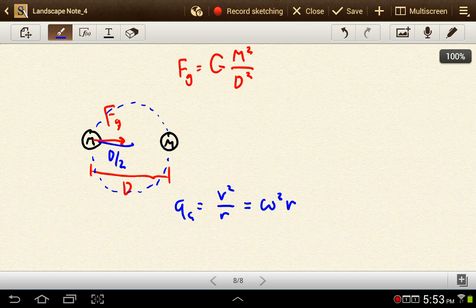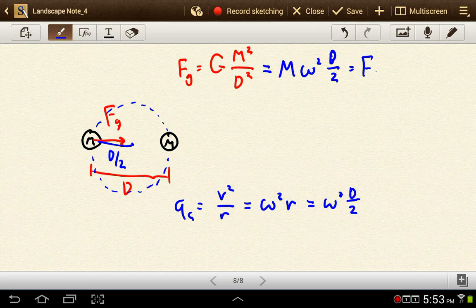In this case, that's omega squared times d over 2. So the centripetal force is the mass of the star that's orbiting in a circle, times omega squared times the radius of the circle, which is d over 2. And that is your centripetal force.